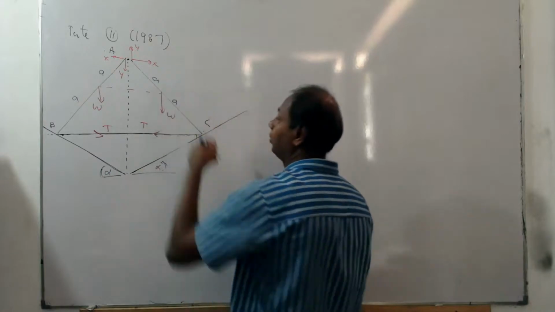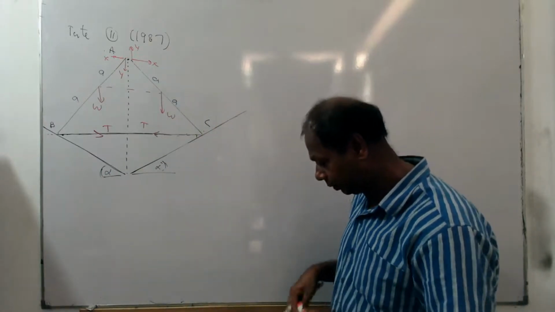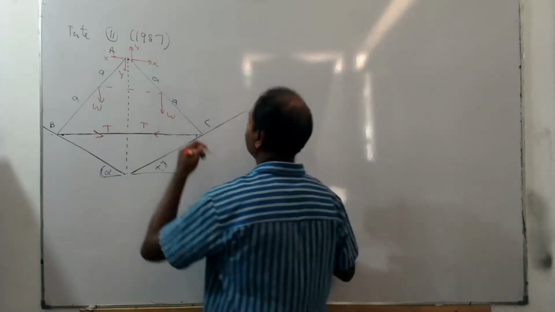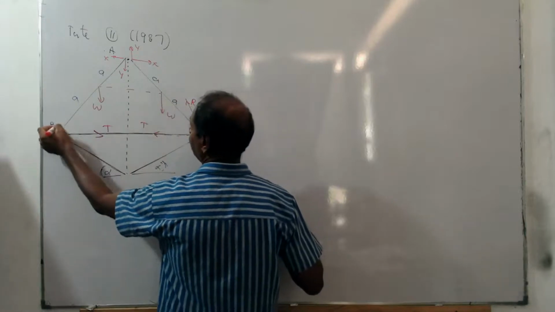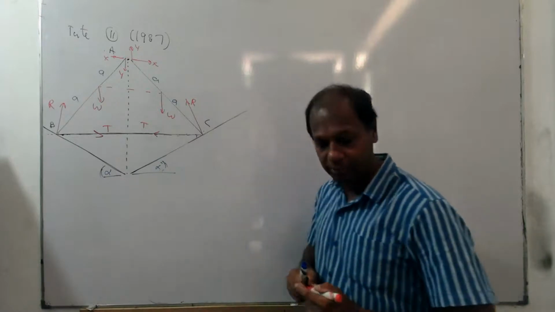I have to mark the normal contact force at this point, R and R. Due to symmetry, it has to be the same R on the other side because the system is symmetric.